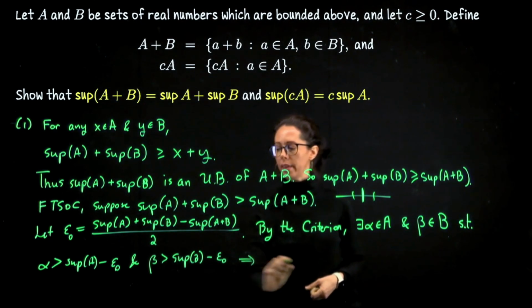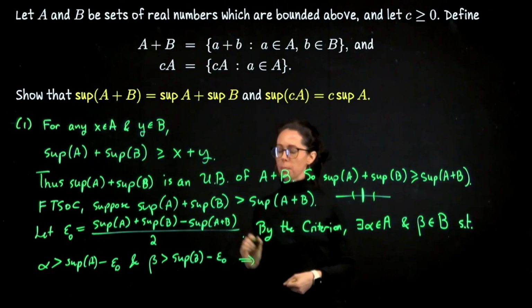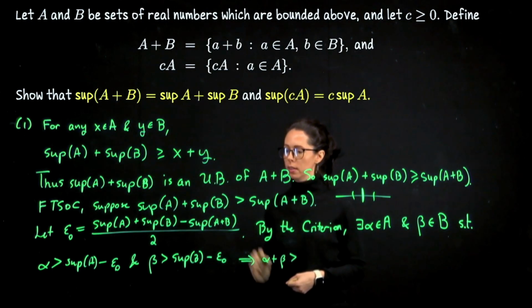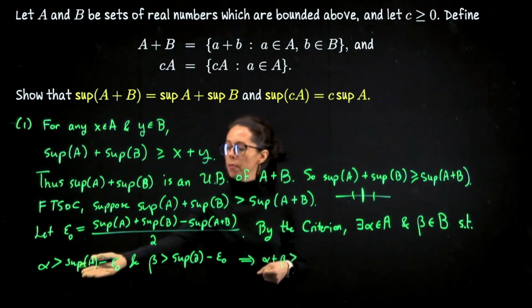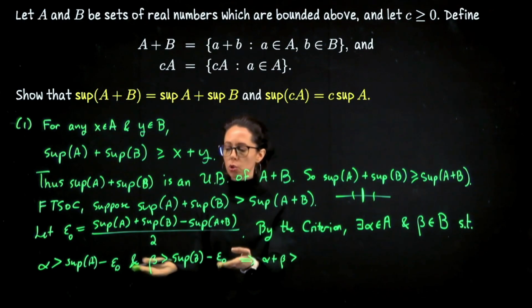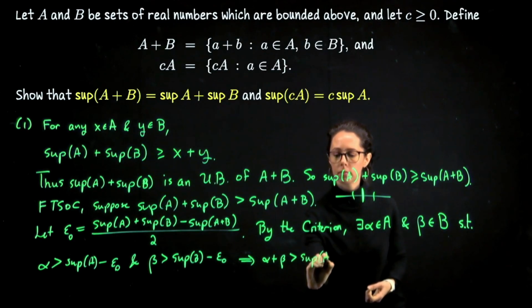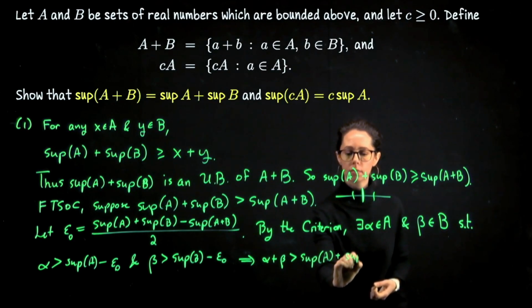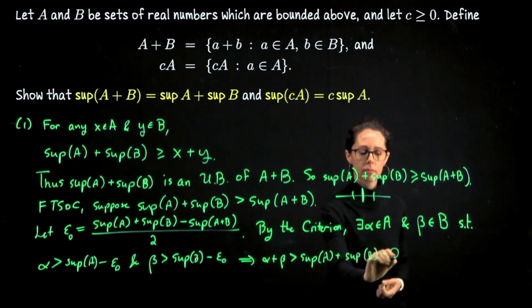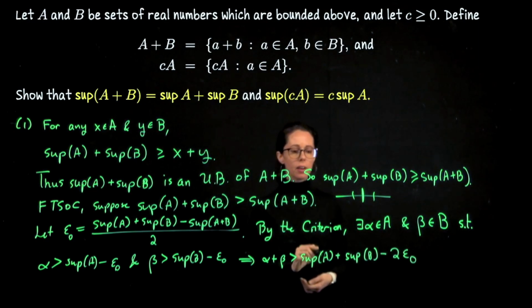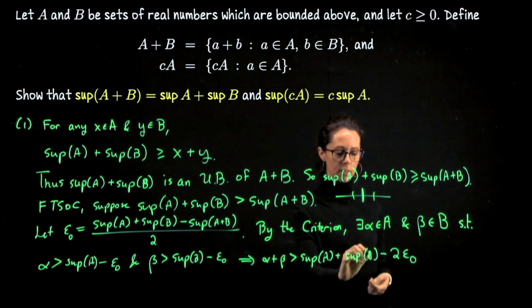Let's add these two together. We have alpha plus beta on the left is greater than sup of A plus sup of B minus twice this special epsilon. But now look at this.